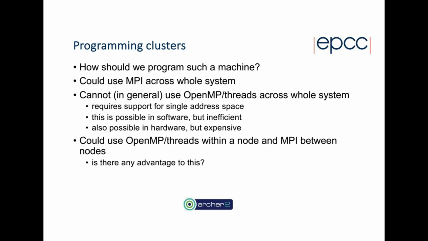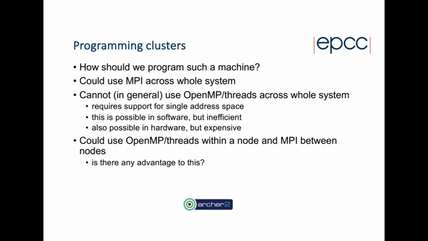You end up with far more communication than the underlying program or algorithm really needs, and it's never been demonstrated very successfully in terms of efficiency. You can also do it in hardware, so you can build larger scale NUMA systems.